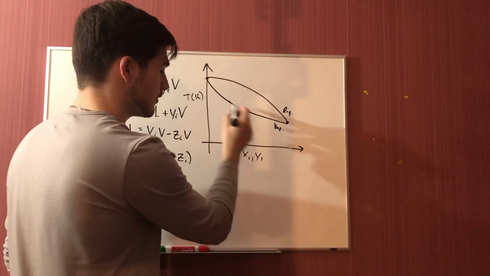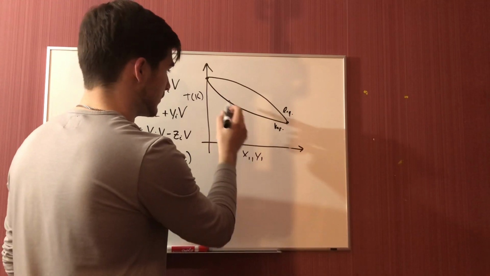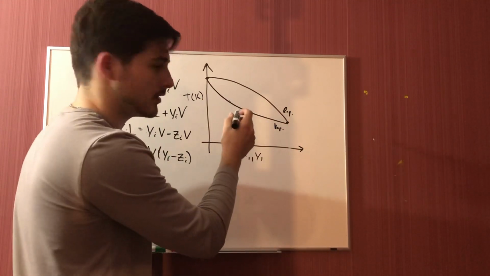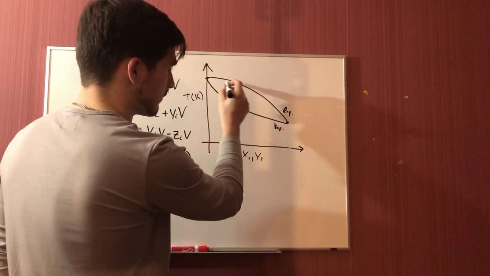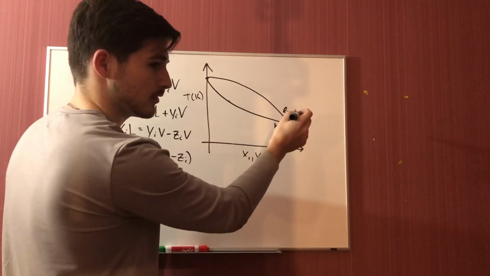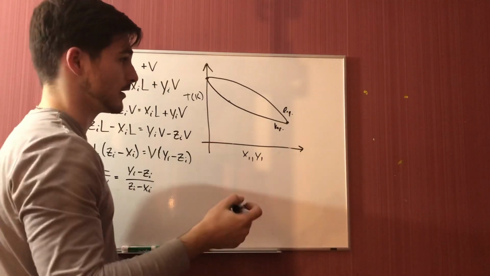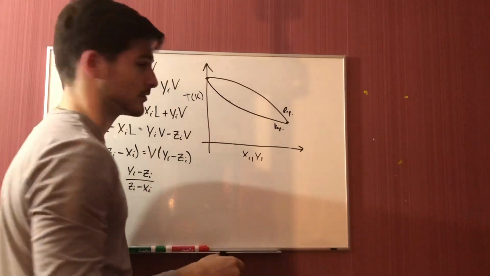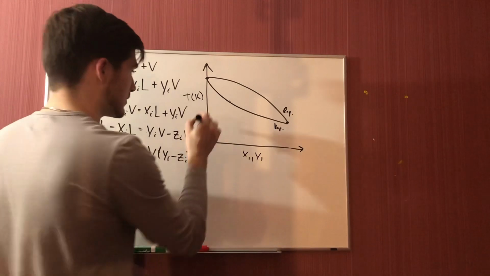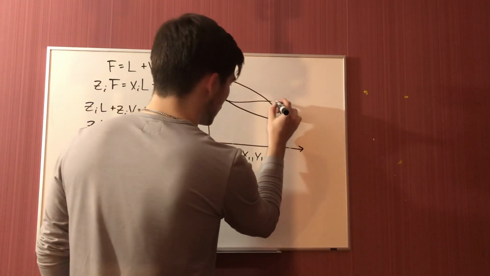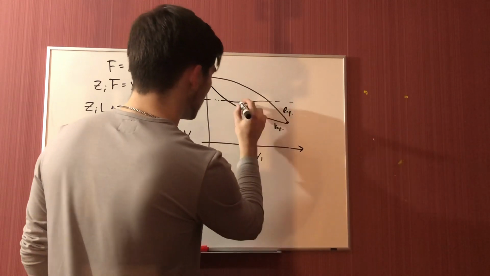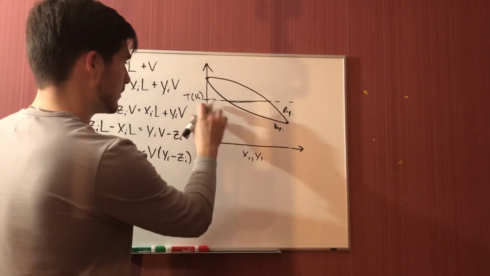And that temperature that we reach when we begin to form the vapor is the bubble temperature. And as we lower the temperature and we begin to form liquid from the vapor, we then find our dew temperature. And so say we know the temperature, say it's right about here. Hopefully that's straight. And so we know the temperature.